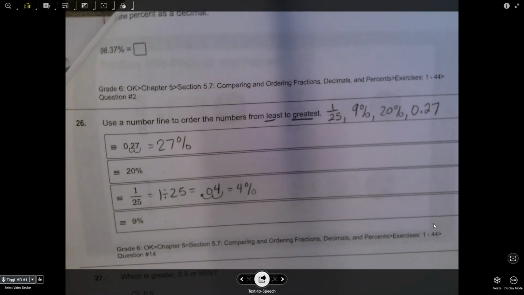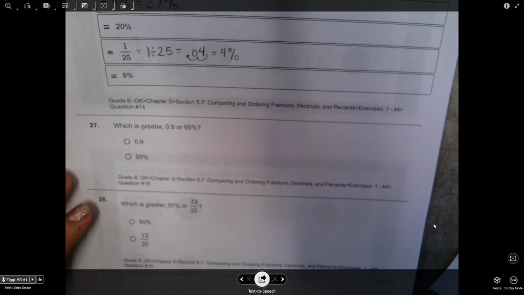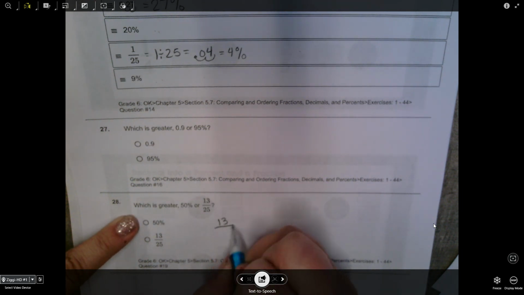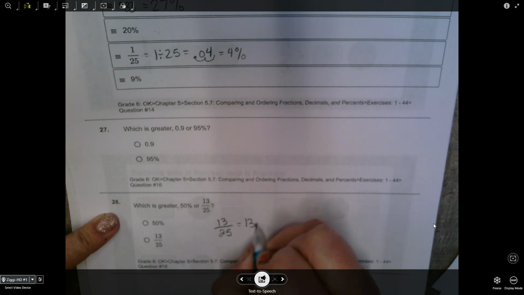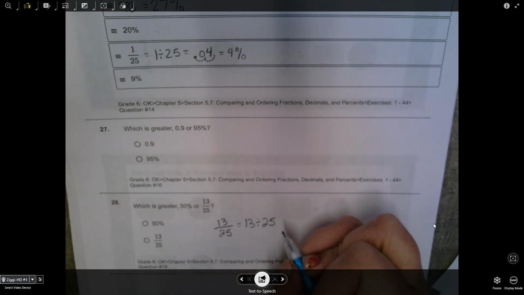I'll do one which is greater with you. I feel like maybe this one's a little harder, so I'll do this one first. You all can do that one by yourself. 50% or 13 divided by 25. So you would do 13 divided by 25 in your calculator.